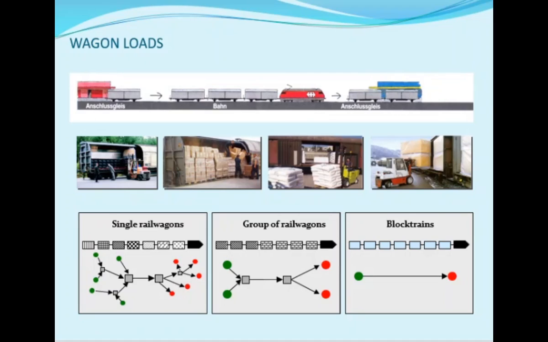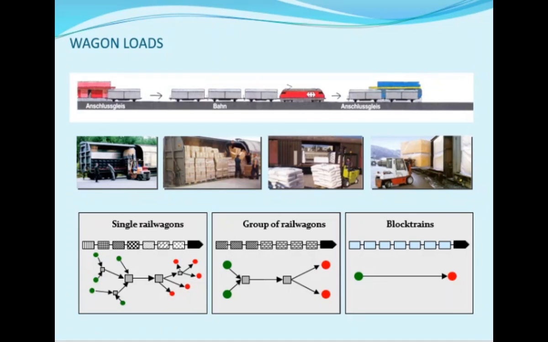Now, in the middle picture, you see groups of rail wagons. When you see it pictorially, you realize that apart from the locomotive, which is shaded in black, the first 4 wagons following it are of the same shade, and the fifth, sixth, and seventh are of a different shade, which could be different types of wagons.